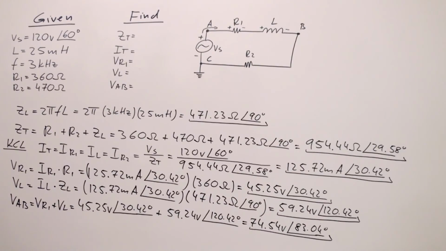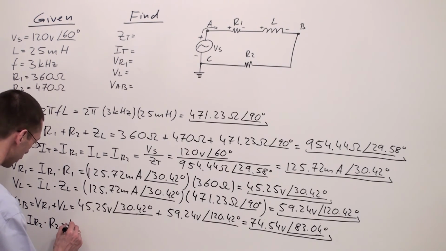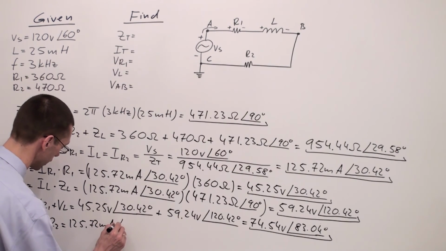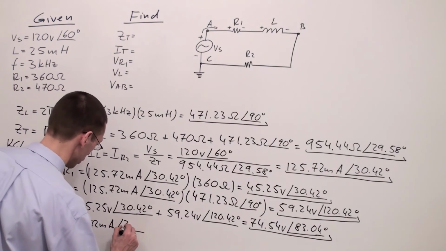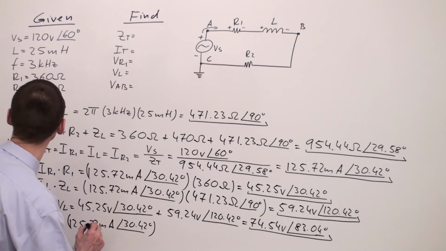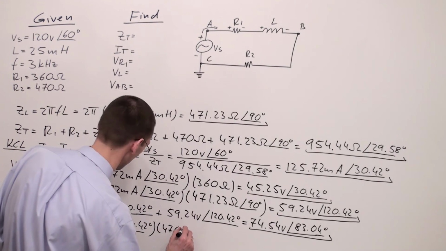If you want to check your answer, you're supposed to find the voltage across resistor R2. So VR2 is equal to IR2 times R2, where IR2 is 125.72 milliamps and angle of 30.42 degrees, times R2, which is 470 ohms.